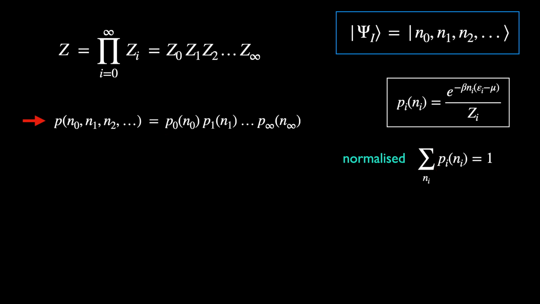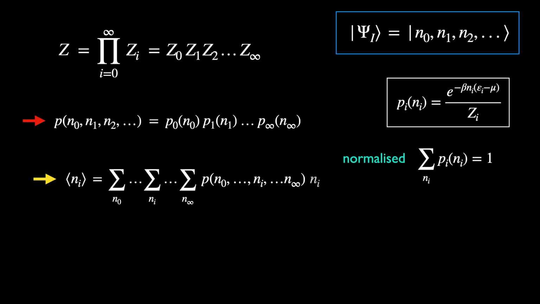Let's calculate the average number of particles that can be found in a single particle state I. Using the probability above, we have, apart from the sum associated with state I, all the rest sum to 1, and we are just left with, which is just the average number evaluated with the probability Pi, an expected result.